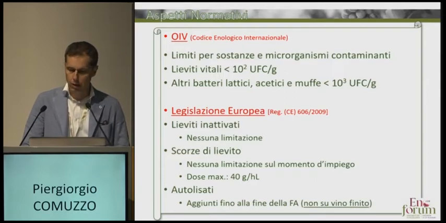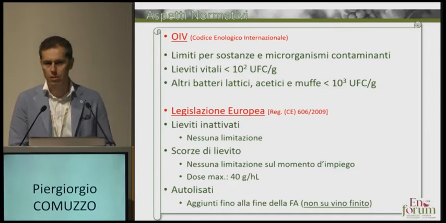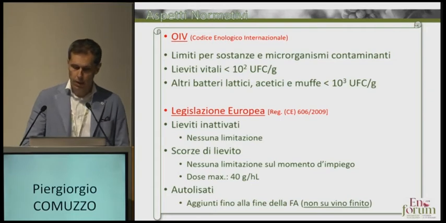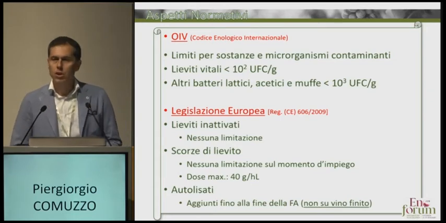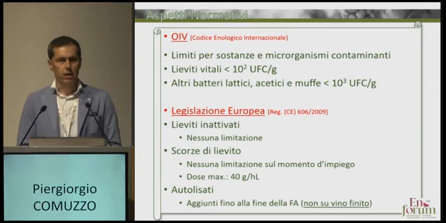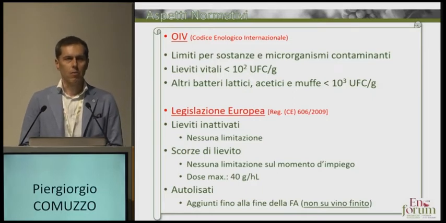For inactivated yeast, there is no constraints at any level, whereas you have yeast hulls that can be used at any time of winemaking, up to 40 grams per hectoliter, and for autolysates you have some application limits in terms of when they can be used, not on the finished product.